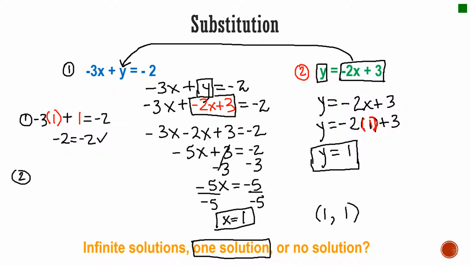All right, in my equation 2, I have a y, which is going to be 1, and that equals negative 2 times 1 plus 3. So once again, I have 1 equals 1, and that checks out. So I know that my solution is correct.